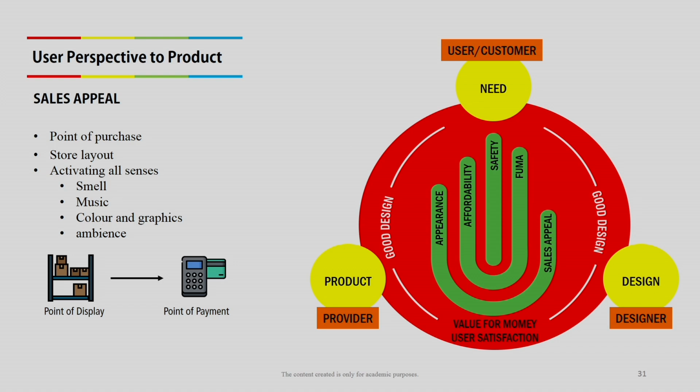Next part is sales appeal. As an industrial designer, Henry Dreyfuss saw the emotional connect between product and the customer through sales. It is an exclusive psychological value the product must possess. It is the subtle, silent selling the product must do over and above its eye appeal.